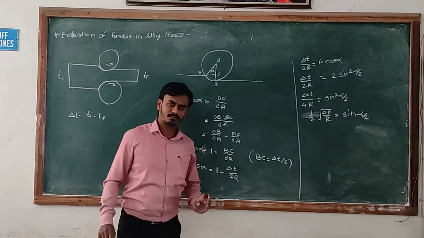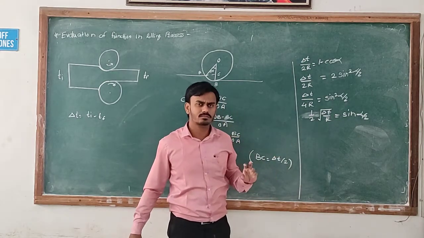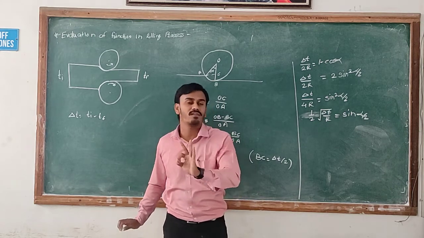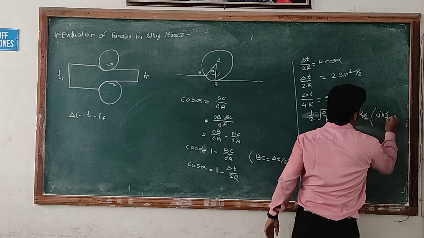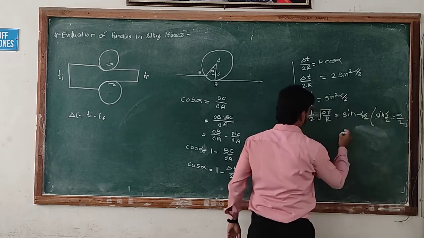When this sine of alpha by 2 is taken in radians, sine of alpha by 2 is approximately equal to alpha by 2.